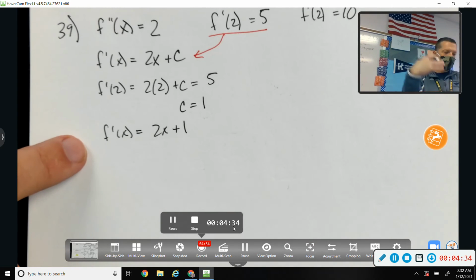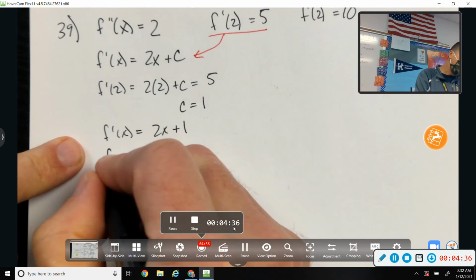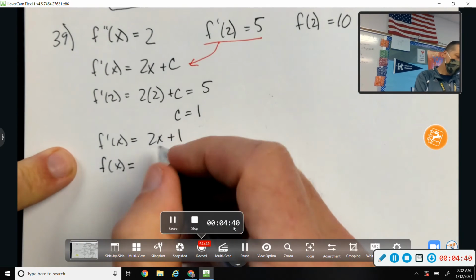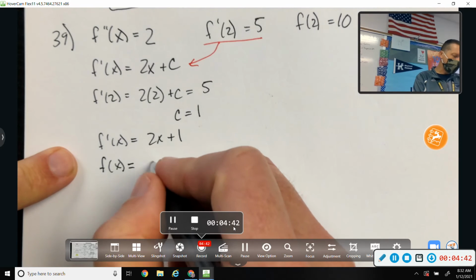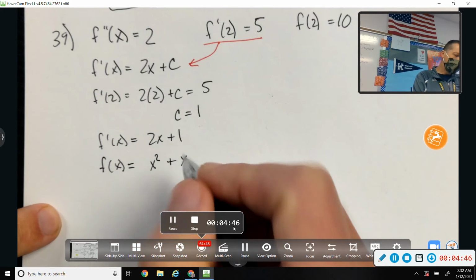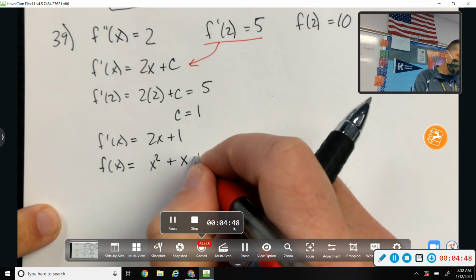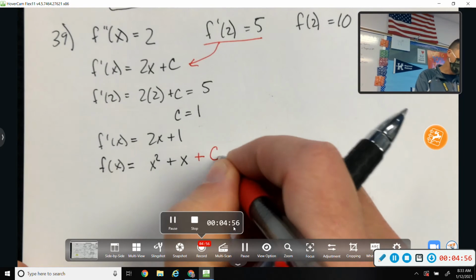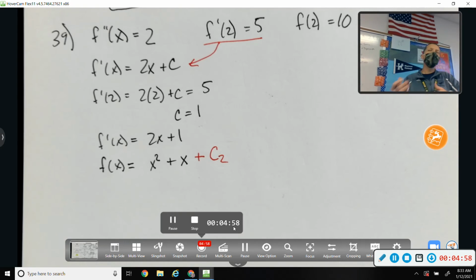We need to back up one more step to get back to f. So f of x, if I antidifferentiate 2x, would be x squared, antiderivative of 1 we get x, and then we've got to remember to put a c on there. Again, we've already solved for c, so if you want to call it c2 because it's a different c, that's fine, as long as you know that it's a different c.